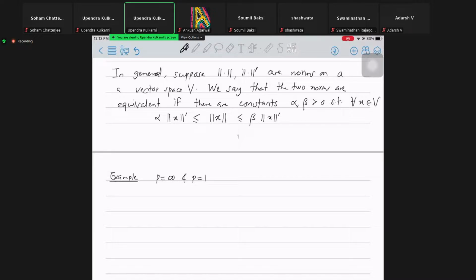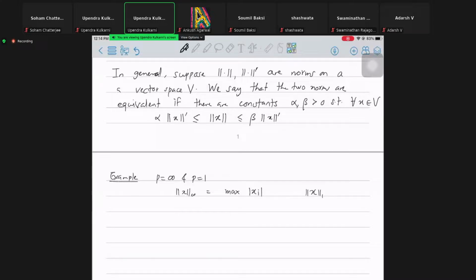Well, let's check. This is just the maximum of all the |xi|. So can we relate it to this one? Is there any kind of inequality between these, maybe up to a constant?